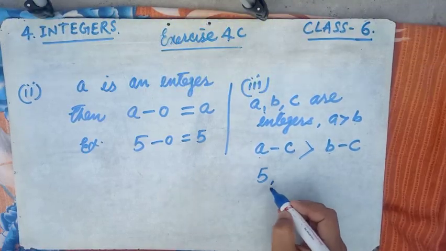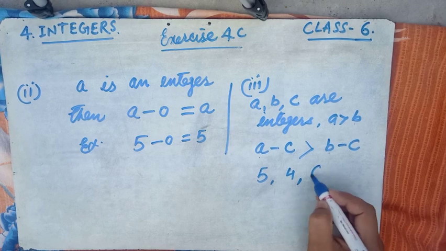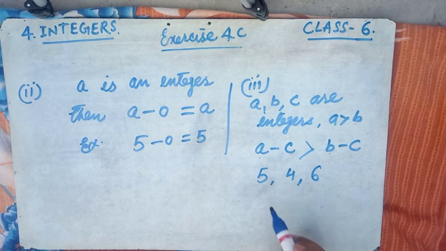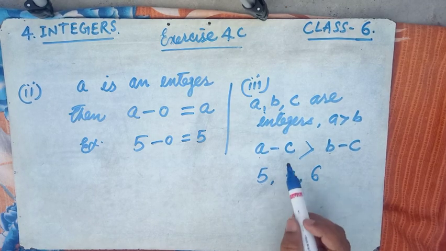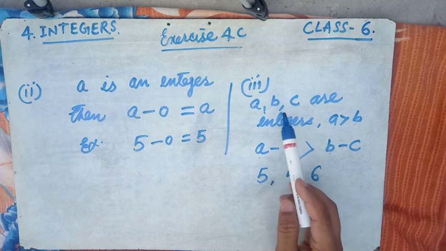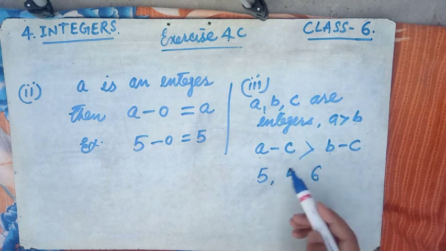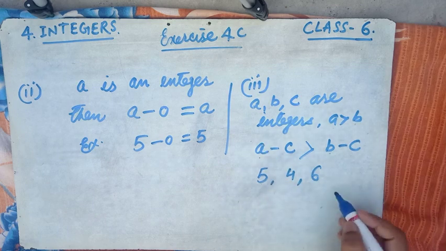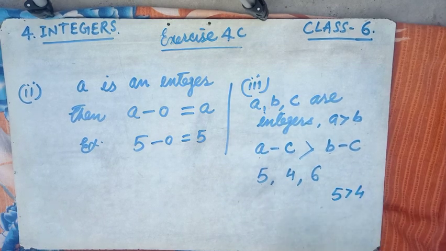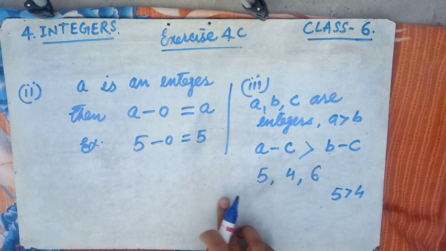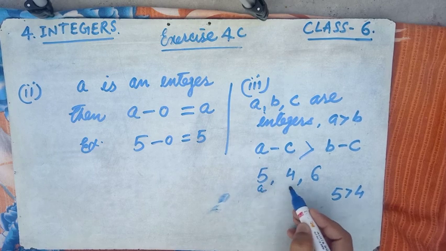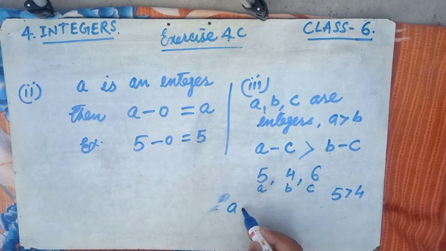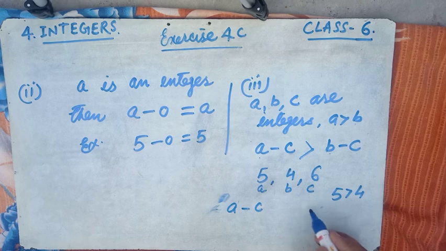Suppose 5, 4 and 6, where a is 5, b is 4 and c is 6. Here a, 5, is greater than b, 4. Now find a minus c and b minus c.